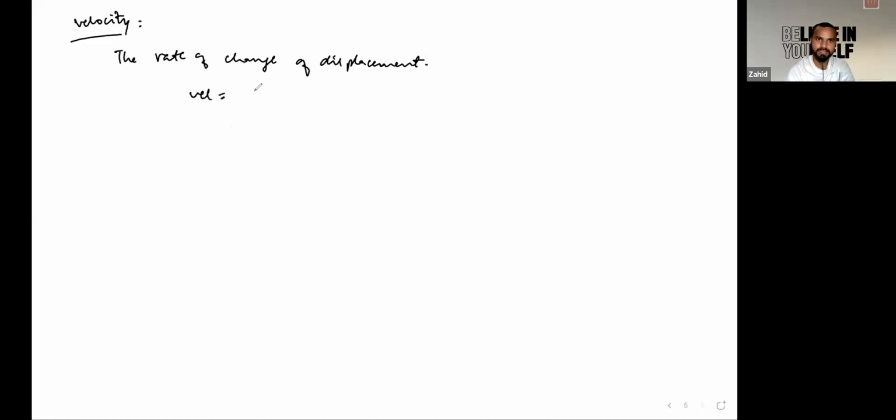So velocity is simply displacement over time taken. As displacement is a vector quantity and divided by time, which is scalar, velocity would be a vector quantity.